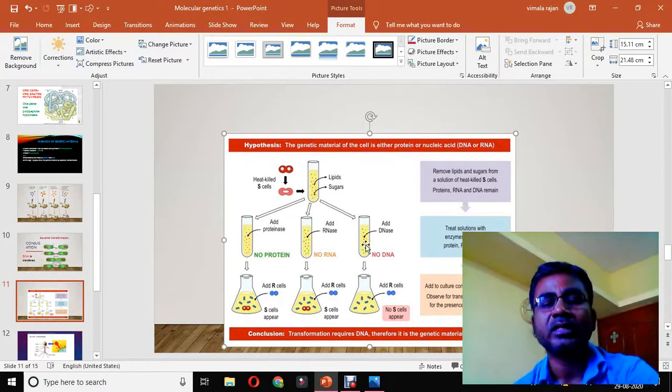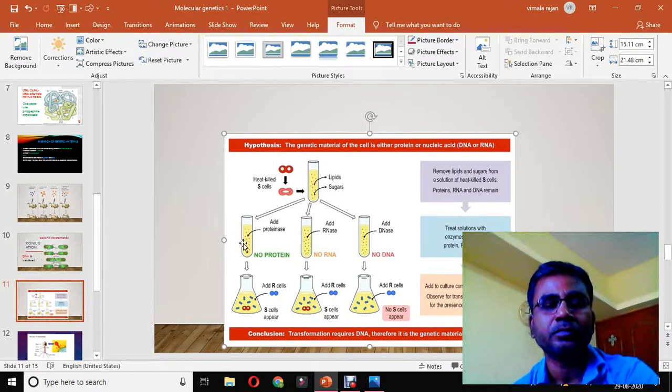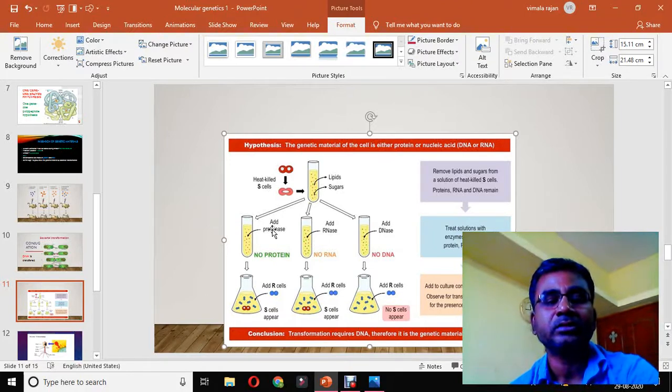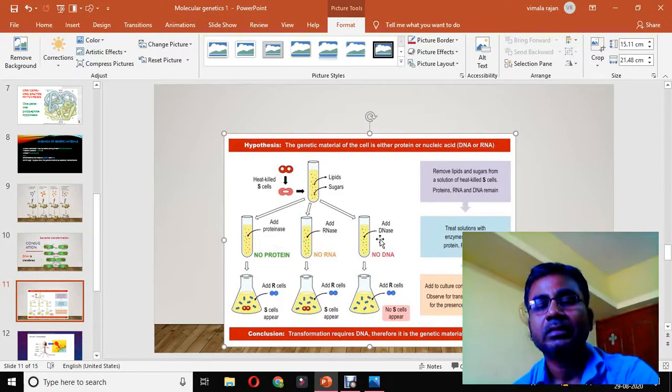In these three test tubes, they are taking the sample from the above test tube, and in each test tube they are adding enzymes. In the first test tube they are adding proteinase enzyme. In the second test tube they are adding RNase enzyme. In the third test tube they are adding DNase enzyme. All these are enzymes: DNase, RNase, proteinase.